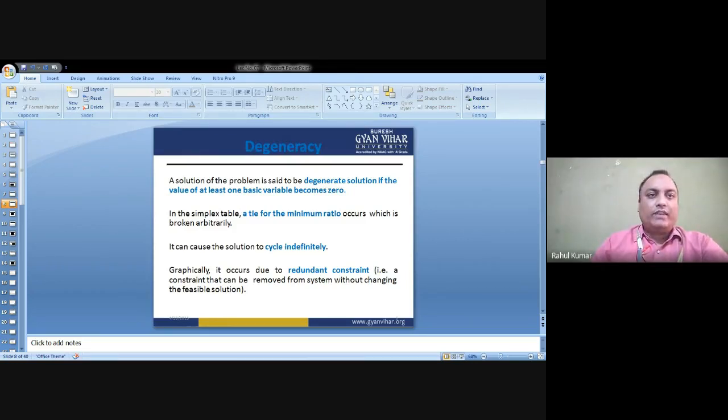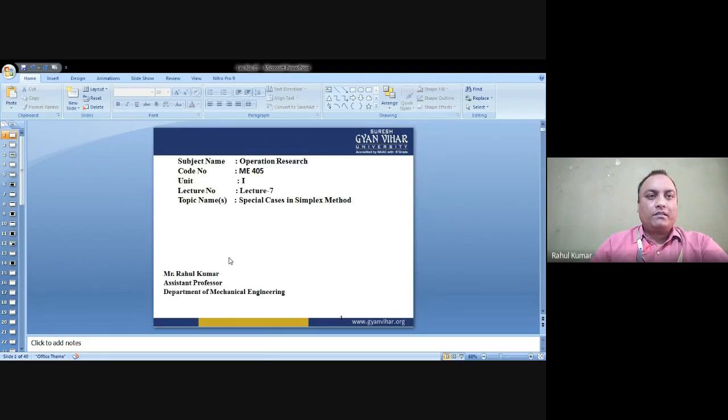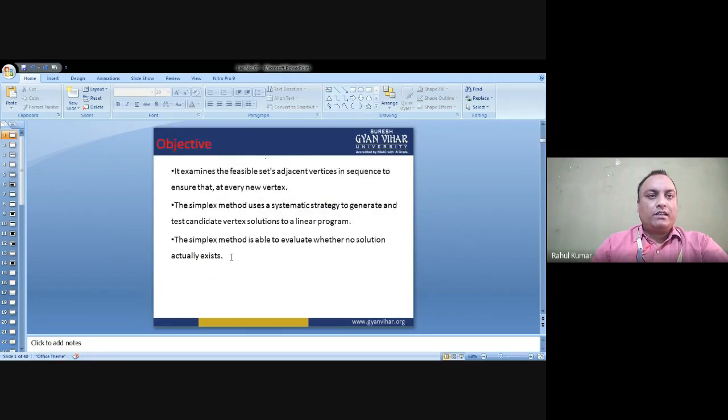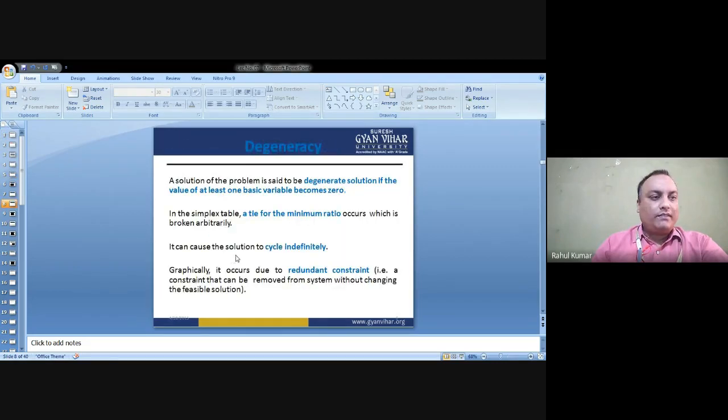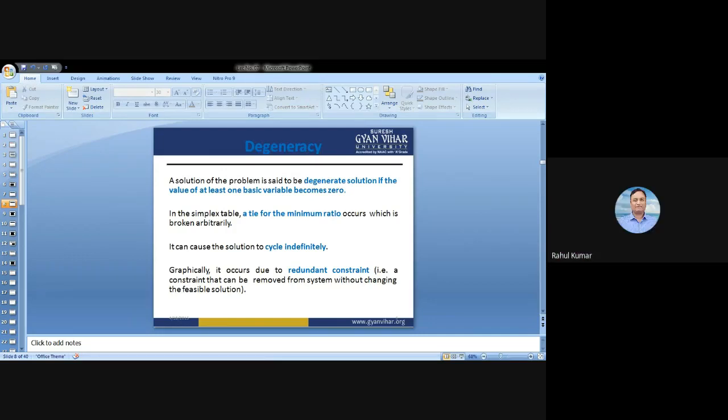And the existing variable from the basics is identified, and the corresponding row is marked as a pivot row, right?